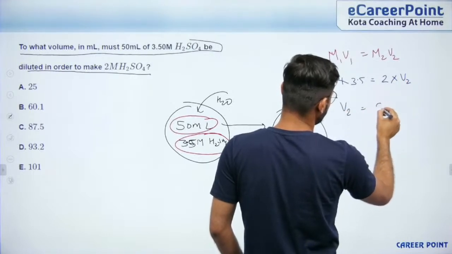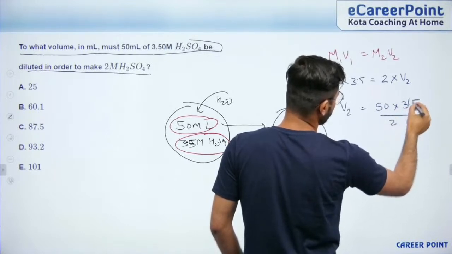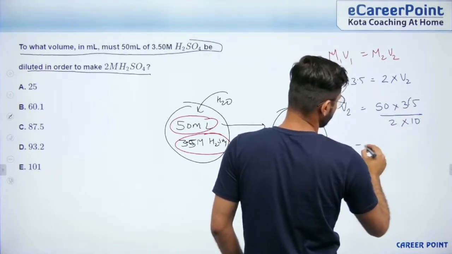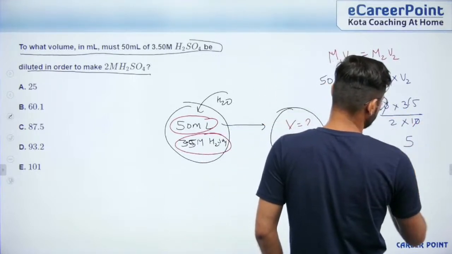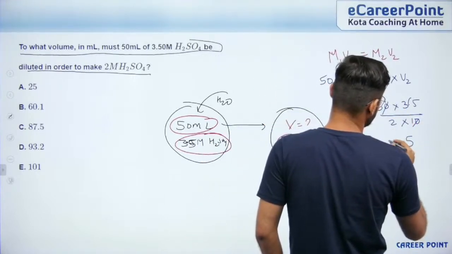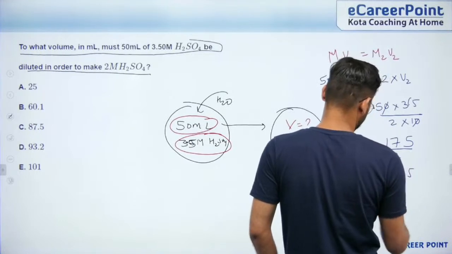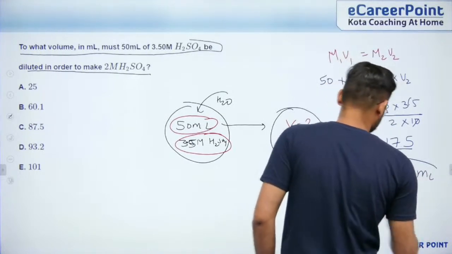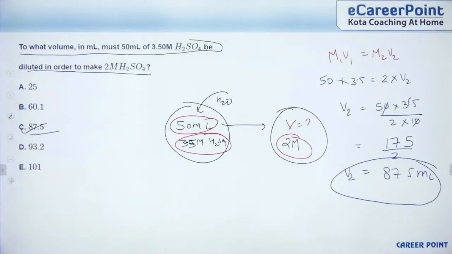So V2 equal to 50 into 3.5 upon 2, which is 175 divided by 2, it will be 87.5 ml. So this is going to be the volume for this solution.